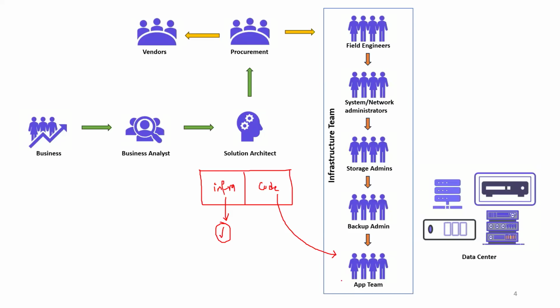Once the entire infrastructure is available in the data center as per the standard, the application team will deploy the code on top of this infrastructure. That's where your application will be running in the data center. So this is how an end-to-end traditional working model looks.